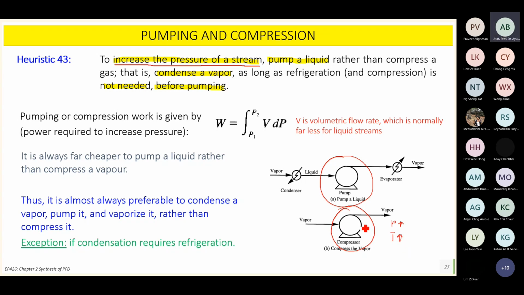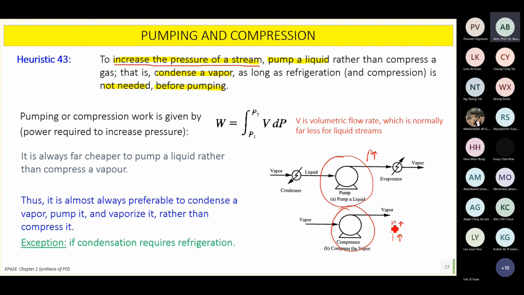So the energy required is different compared to a pump. With a pump, a common pump, only pressure changes. You push the flow to higher pressure, but the temperature remains.